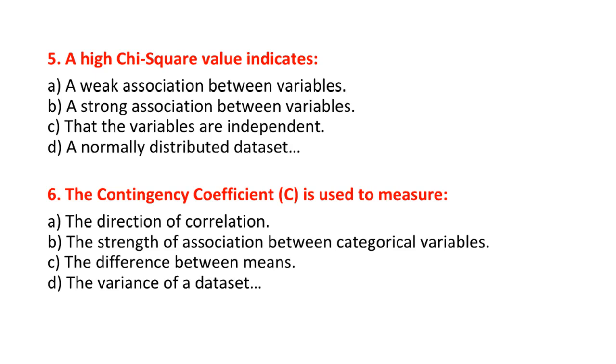The contingency coefficient, C, is used to measure A. The direction of correlation, B. The strength of association between categorical variables, C. The difference between means, D. The variance of a dataset. Answer, B. The strength of association between categorical variables.